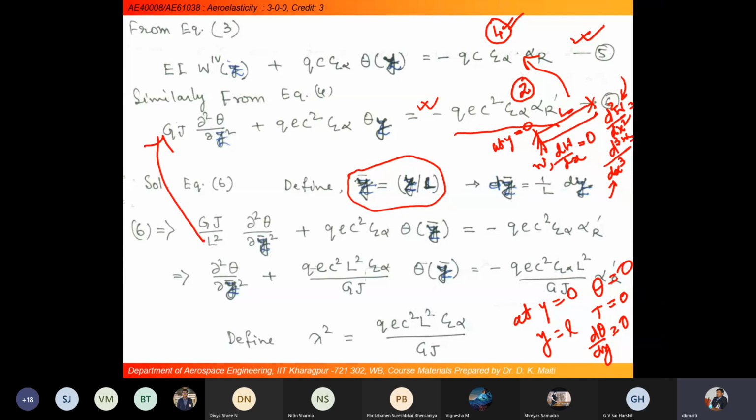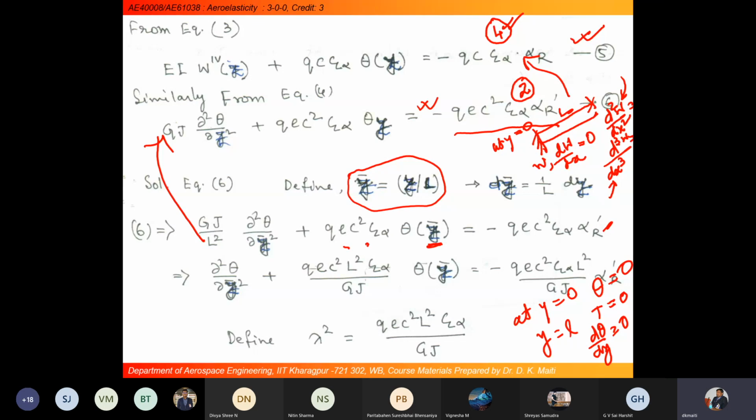Substituting this relation in the second equation, I will have GJ by L square d2 theta by dy bar whole square plus q e c square c l alpha theta function of y bar, and the right hand side will be q e c square c l alpha into alpha r prime.